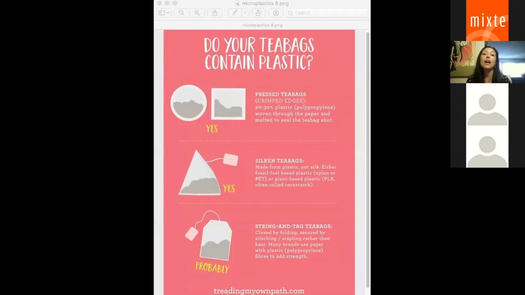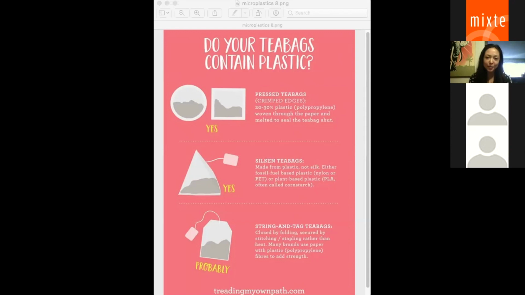And the problem with that is that when you're drinking your tea, most of the time it's hot. When you have that hot water heating up the tea bag, it's then releasing all of the microplastics and nanoplastics. So tea specifically, that study I found showed millions of nanoplastic particles being released with every mug of tea.